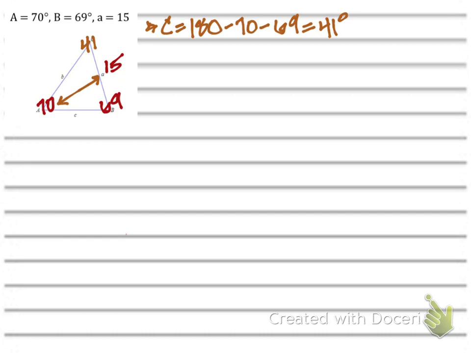So when I do my law of sines, I'm going to expect side C to be the smallest one, right? And so it's going to be quite a bit less than 15, we would kind of assume.